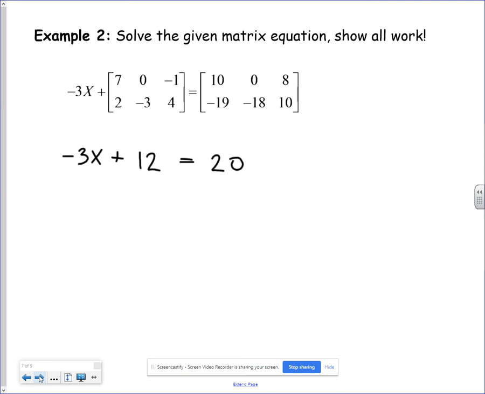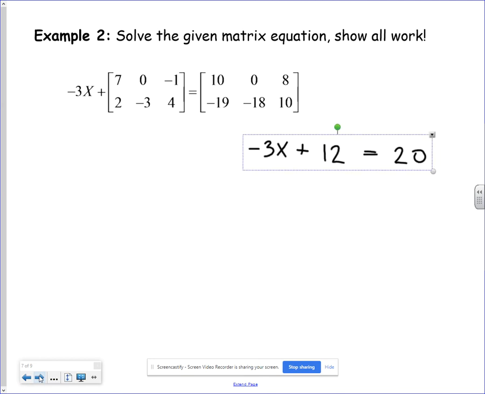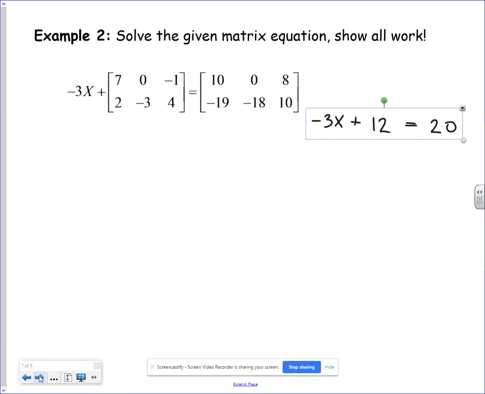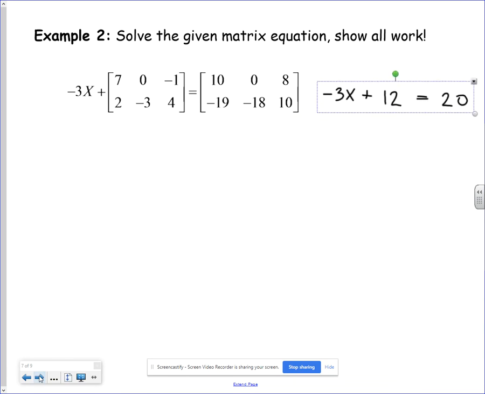Let me slide the black equation over here. Let's work this black equation out. If I can only use addition and multiplication, I'm going to have to add the opposite of negative 12 to both sides.